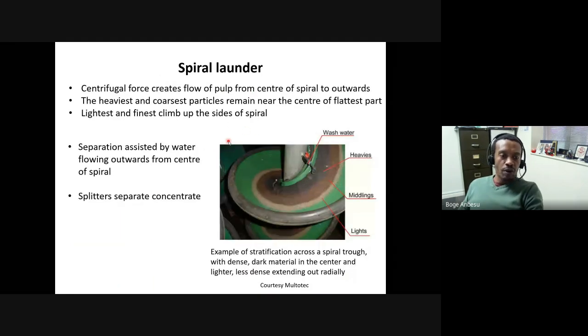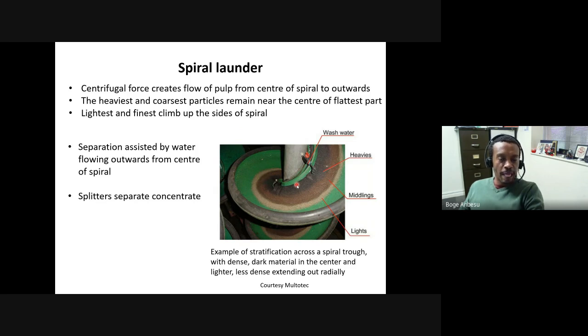So what is happening on the spiral is that those that are very close to the axis of the spiral, shown in dark here, are actually the heavies. Why? Because as I said, particles are going down the spiral in an incline. There's a little or mild centrifugal force.